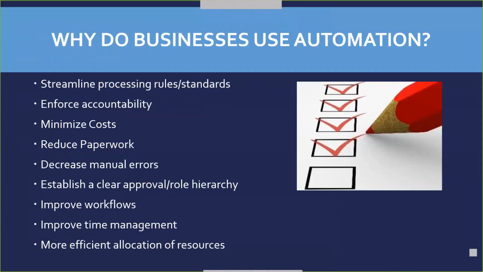Now, these other bullets that you see up here are very important too. For example, you need to have the right controls in place. You don't want to take shortcuts in your process. You want to prove that your process has been handled by the right people with authority. And you want to improve on time management and efficiency of your staff and your personnel.